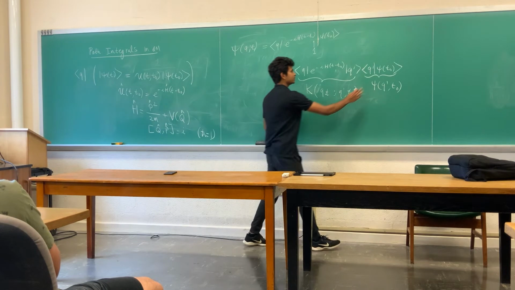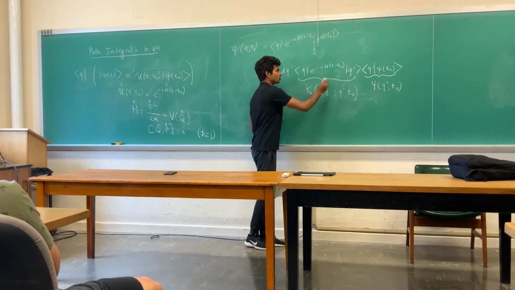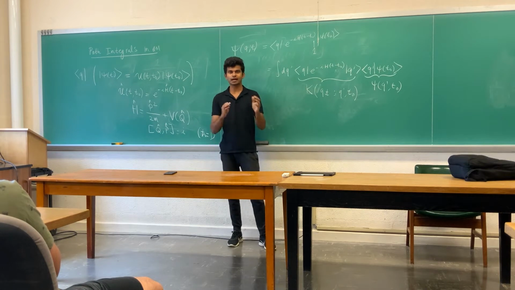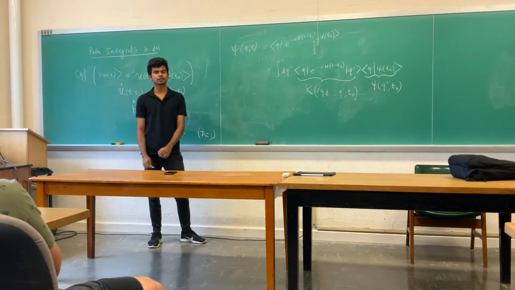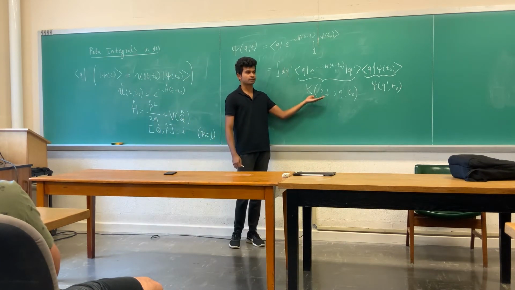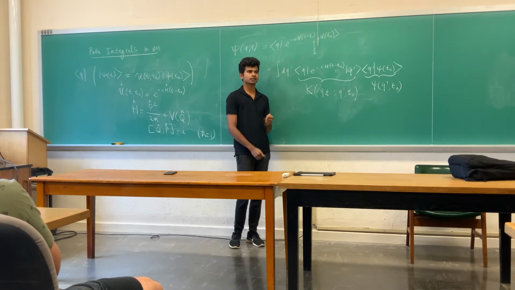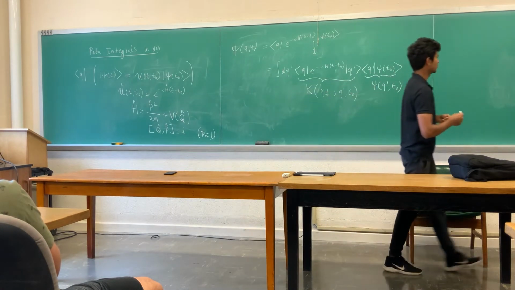Then I call this guy the wave function at initial time t naught. This is called the propagator. Once you have the propagator and the initial wave function, you can find the wave function at any point in time. Now there are several ways to evaluate this thing. We are going to look at Feynman's way of evaluating it using path integrals. So that's the next thing to do.